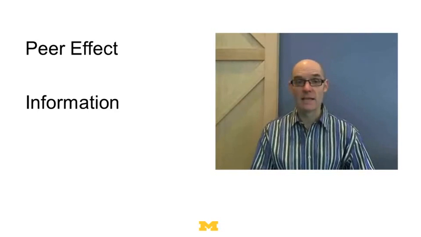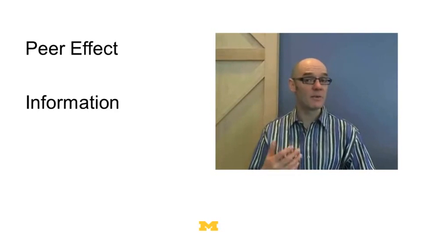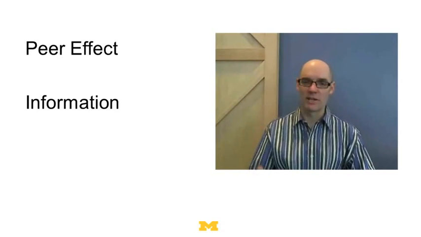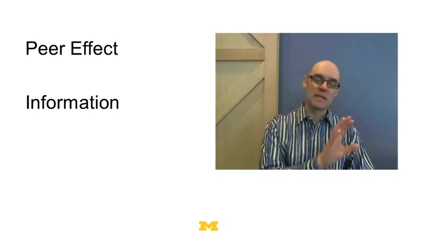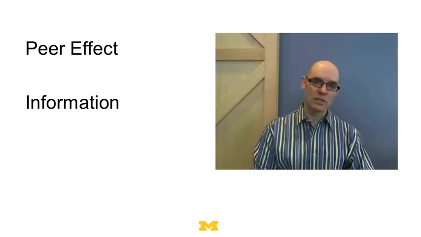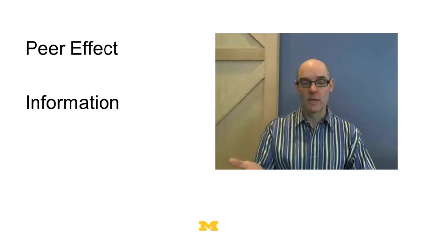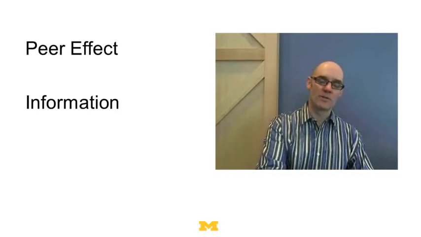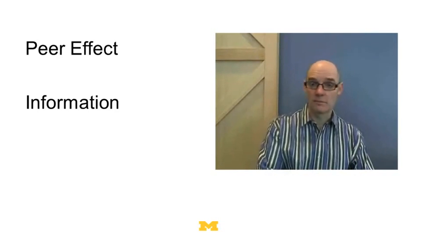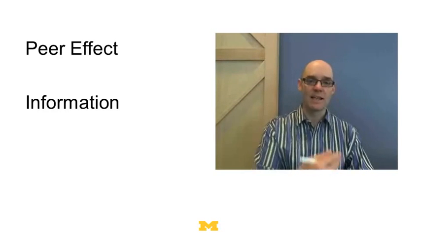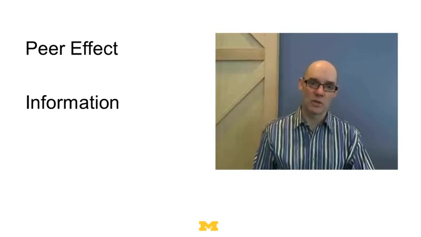So the play ends, and you're trying to decide, do I stand or not stand? And you see her just pop up. She's applauding like crazy. Well, you figure she's conveying some information that could be useful to you about the quality of the show, and so you decide to stand up. So it's not just that you're copying her for the sake of copying her, like in the Granovetter model with the purple hats. Here you're copying her because you think she's telling you something about how good the show is. Okay, so that's an information effect.